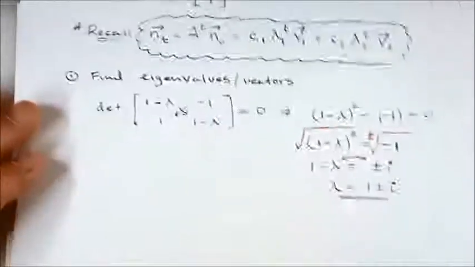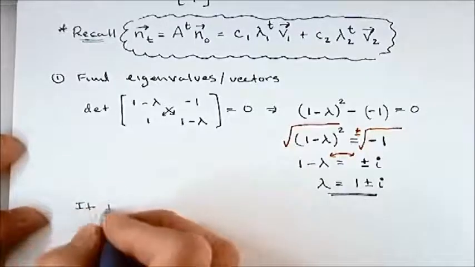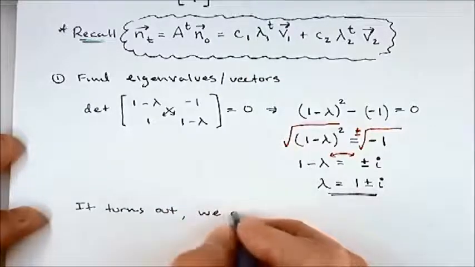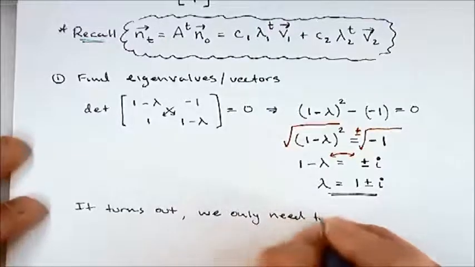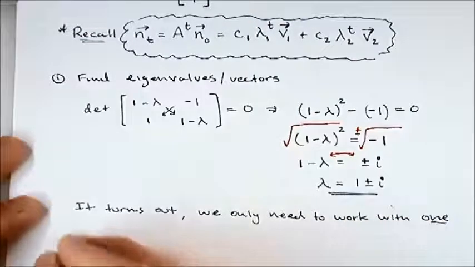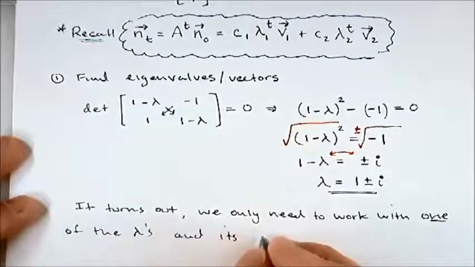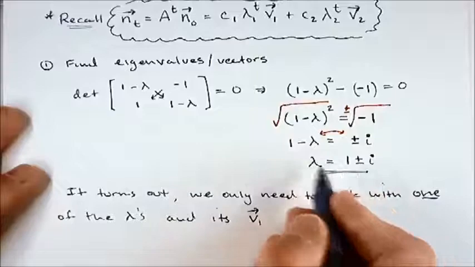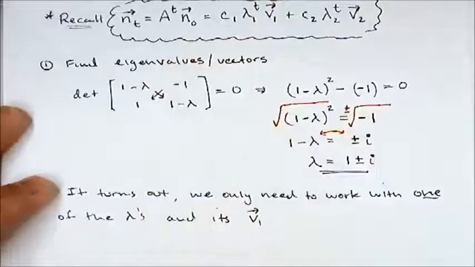It turns out we only need to work with one of the lambdas and its eigenvector. And the reason is that if you find the eigenvalue and the eigenvector for the second one, and then you write the solution, it turns out that they can be combined into one anyhow.